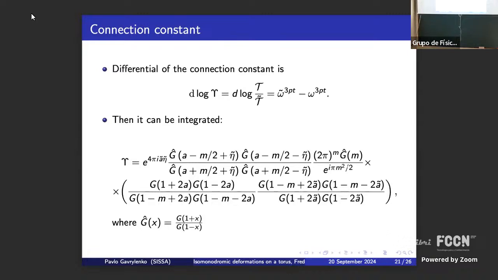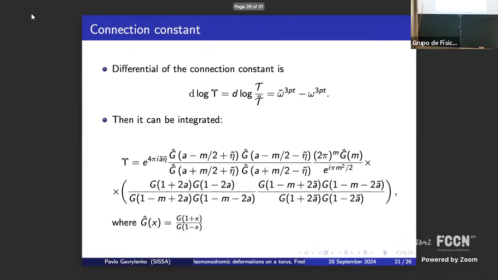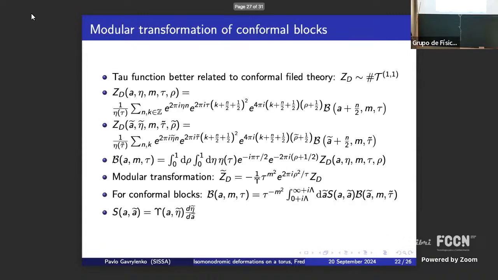The difference between this formula and the formula in the previous case is that here it is explicit in terms of the monodromy data A, and it appears that we don't need to solve any equations to find this connection constant.